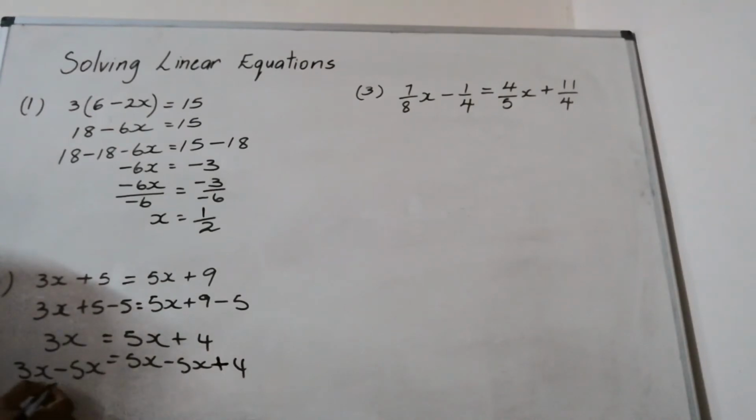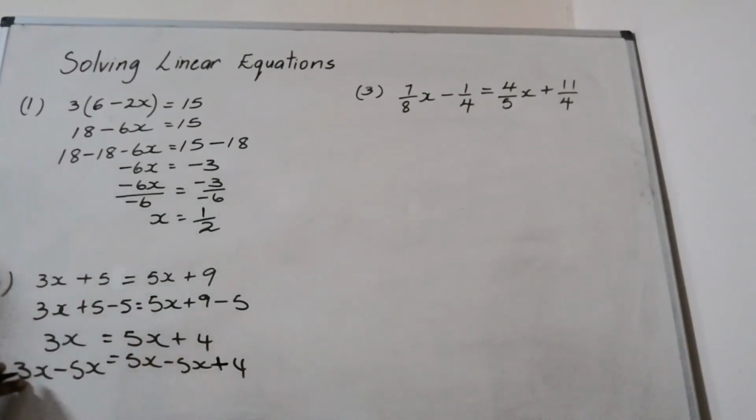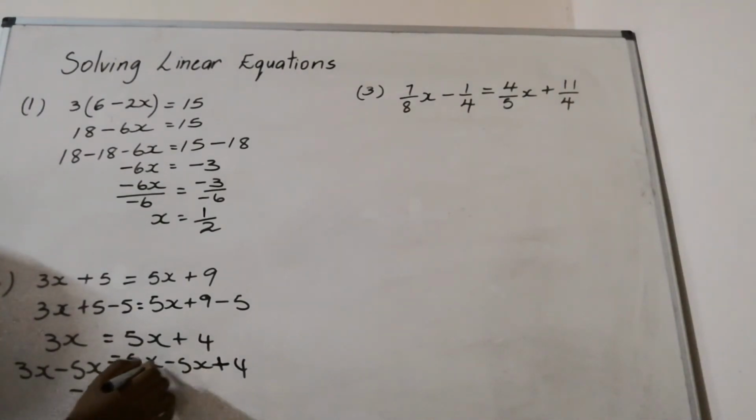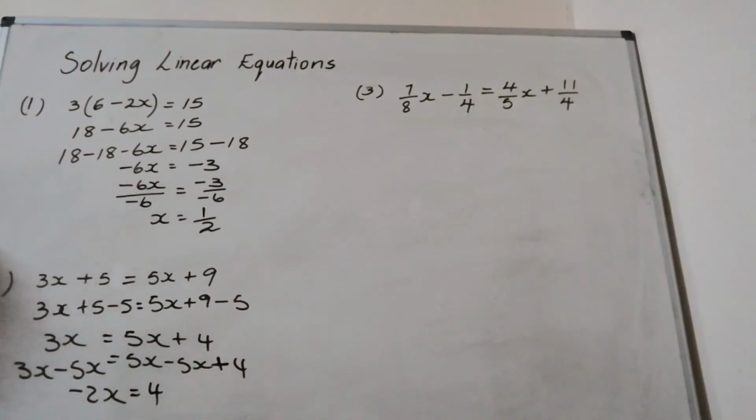Alright, so 3x minus 5x, since this 3 is positive and the 5 is negative, we subtract, and the sign takes the sign of the bigger number, we will have negative 2x. 5x minus 5x will give us 0, so just our 4 remains.